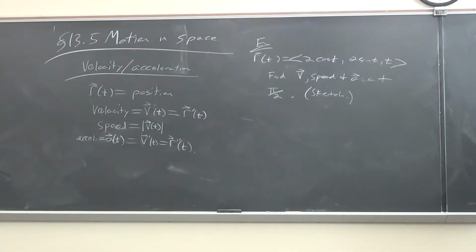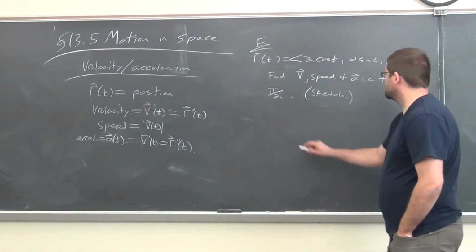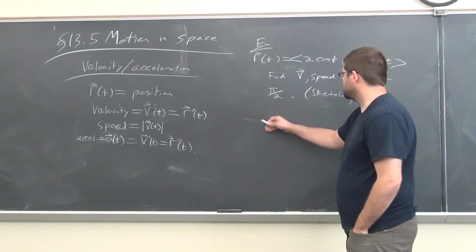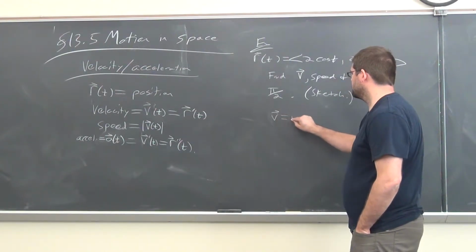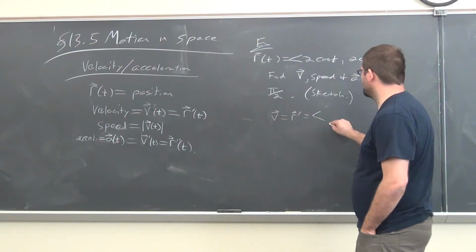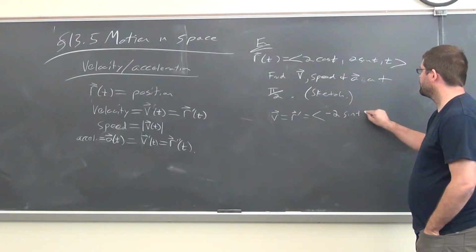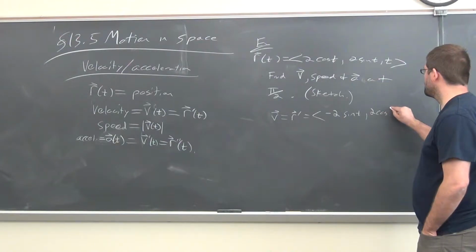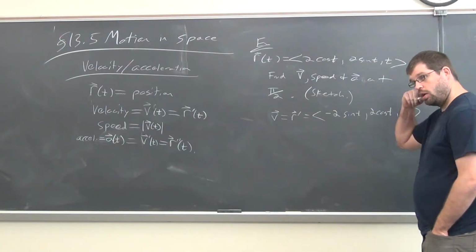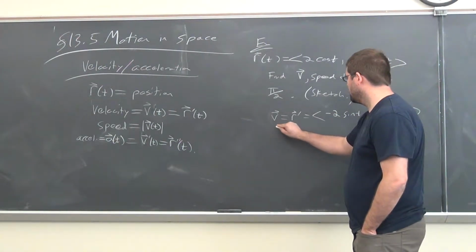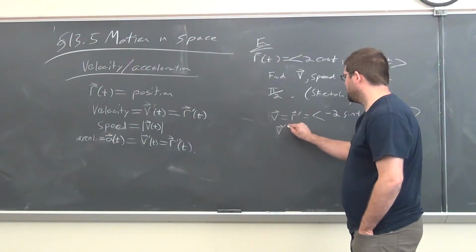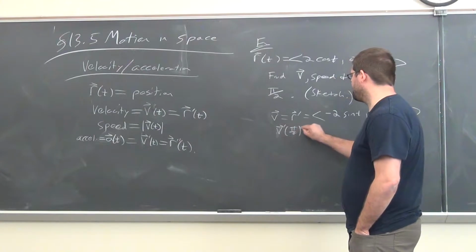So again, this one should be quick, right? What's velocity? So r prime, and so in this case it's negative 2 sine t, 2 cosine t, 1. And as long as we're here, we want it at that specific point, so v at pi over 2 is what?